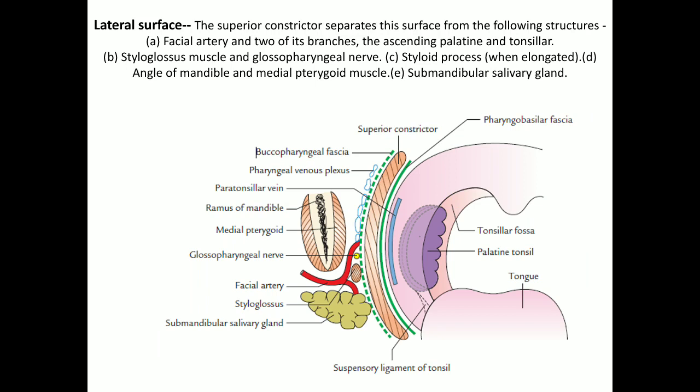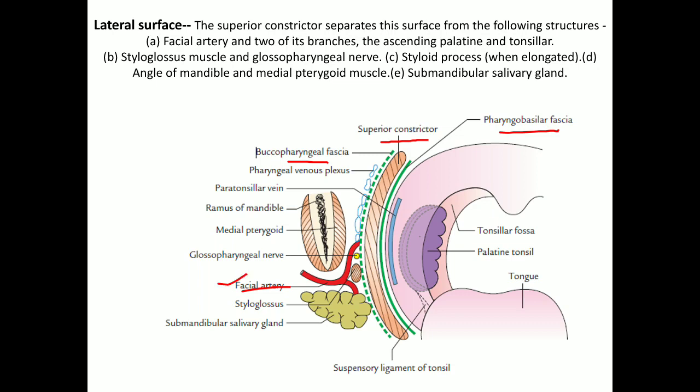Now the lateral surface, we have seen that on the lateral surface there is a capsule, then peritonsillar space, then pharyngobasilar fascia, superior constrictor, and then buccopharyngeal fascia. And lateral to the buccopharyngeal fascia, you can see the facial artery with its branches.